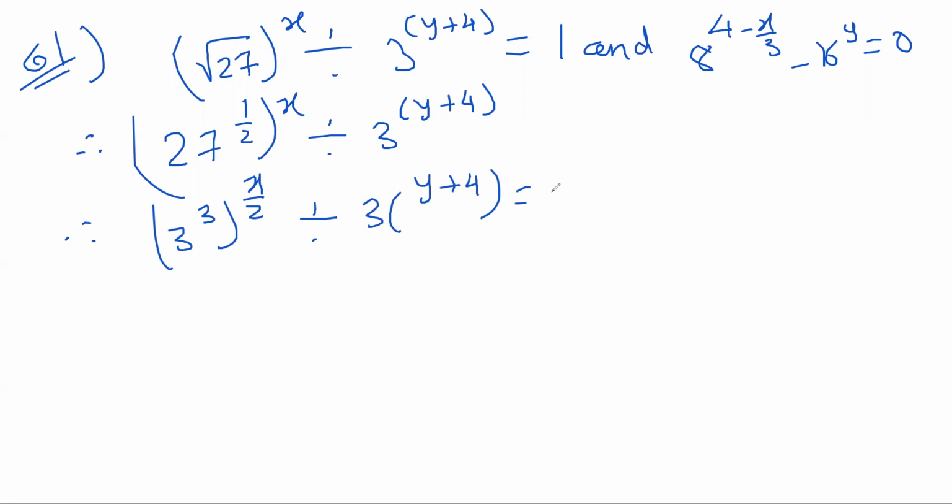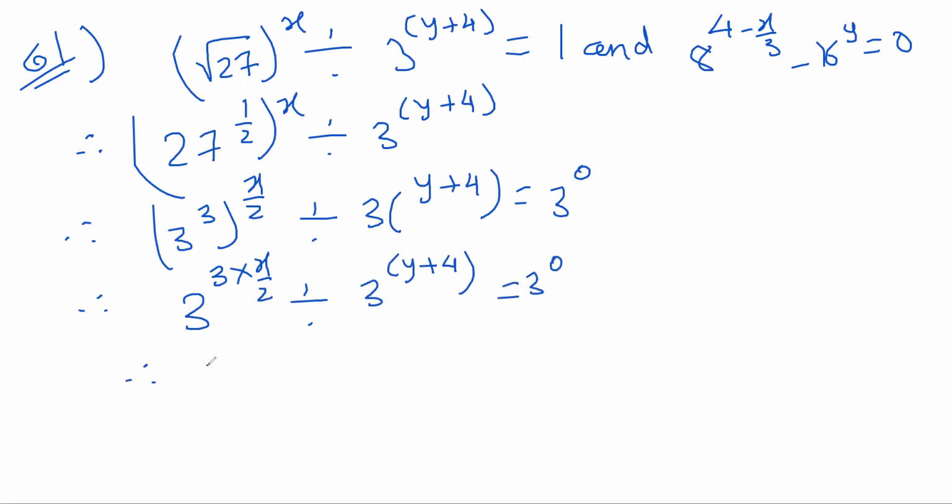Can I write 1 as 3 raised to 0? Yes, I can, just to have the same base. So here we get 3 raised to 3 into x by 2 divided by 3 raised to y plus 4 is equal to 3 raised to 0. So you get 3 raised to 3x by 2 minus y plus 4, because in indices, a raised to m divide means minus.